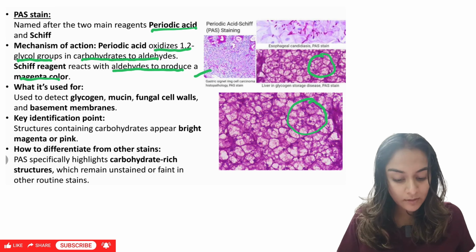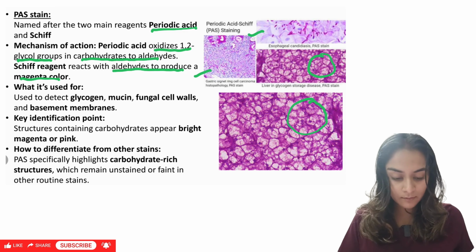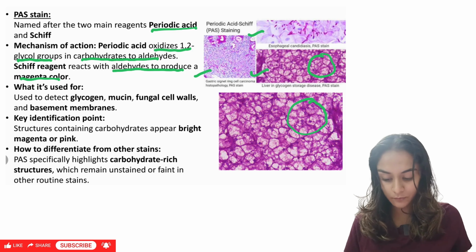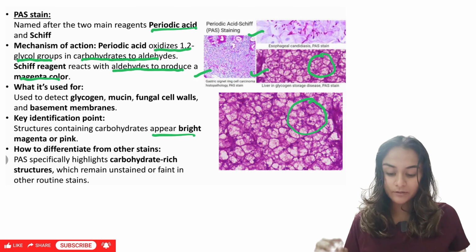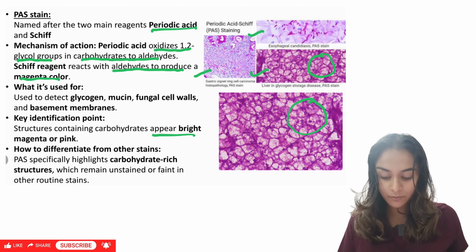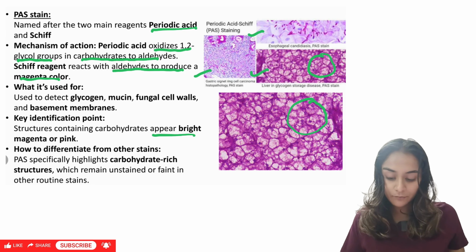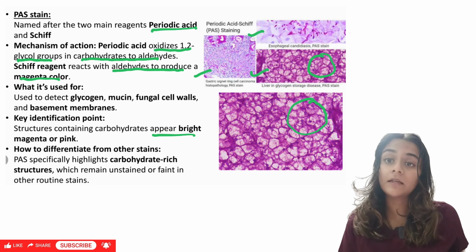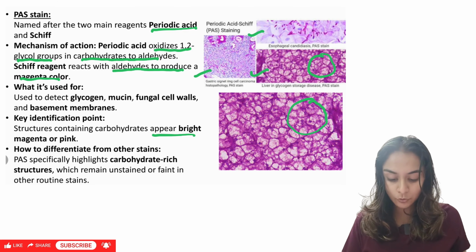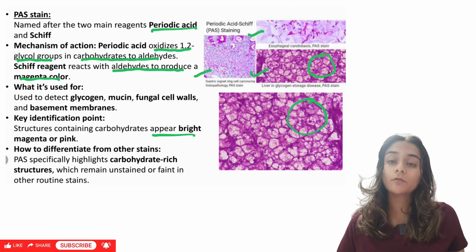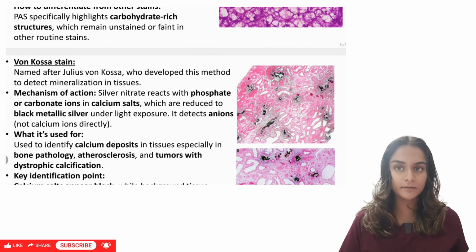In this image, we can see the gastric slide, esophageal candidiasis slide and the glycogen in your liver. The key identification point is that structures containing carbohydrates appear bright pink or magenta in color. How do we differentiate it from other stains? PAS stain is specifically used for carbohydrate-rich structures, which remain unstained or faintly colored in your other routine stains.